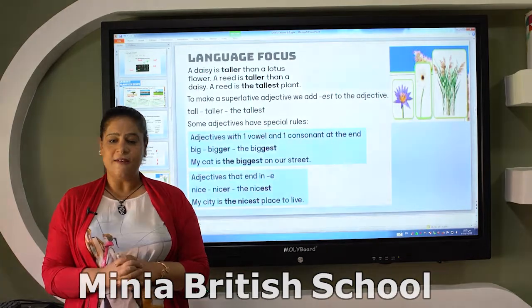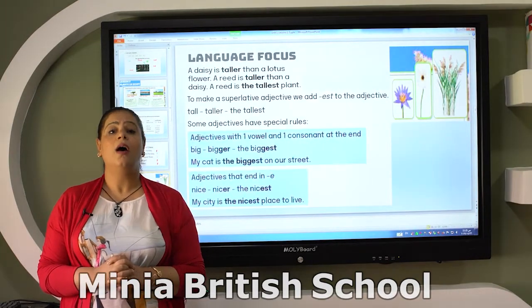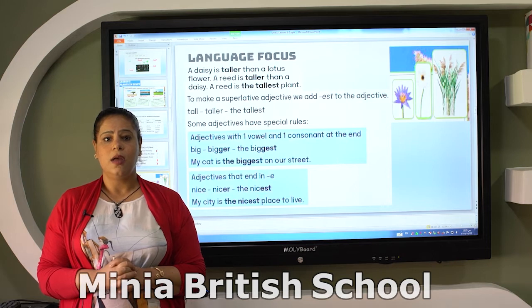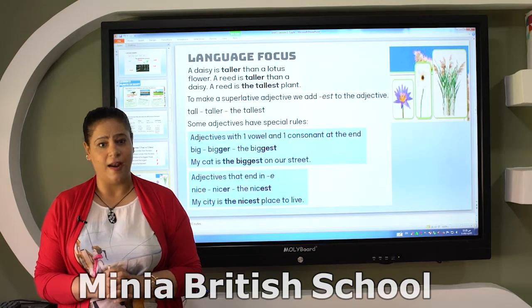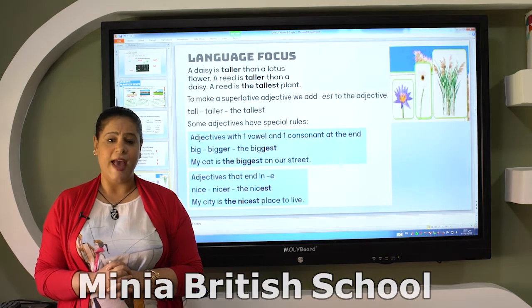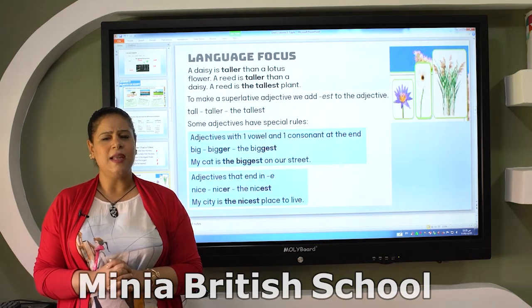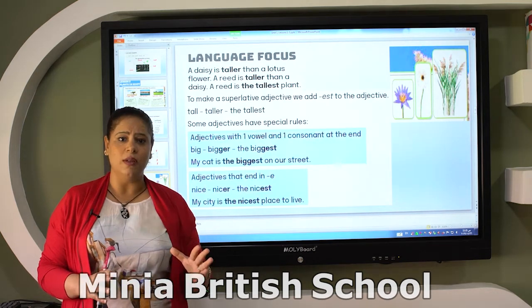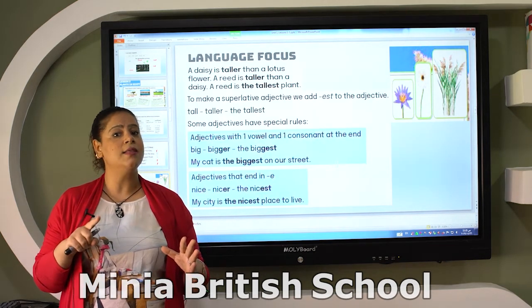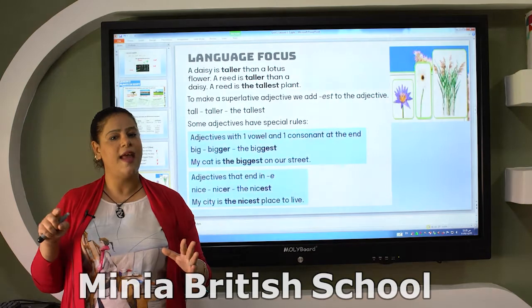And if your adjective ends with Y, you are going to turn this Y to IER then than. And if we have an adjective that ends with a consonant and before it a vowel, we are going to double the last consonant, then add ER then.